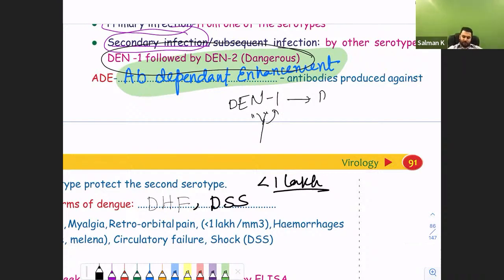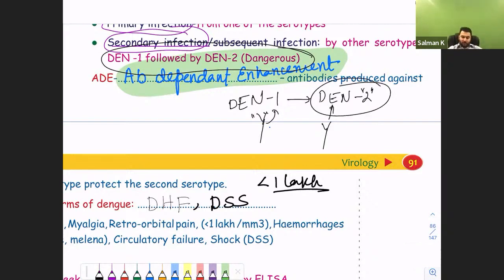Suppose later in life, you got infected with another serotype, DEN 2. Now, these antibodies, of course, will not protect you from this because it's a different serotype, right? But what these antibodies are now doing is that they are actually going and protecting this virus.